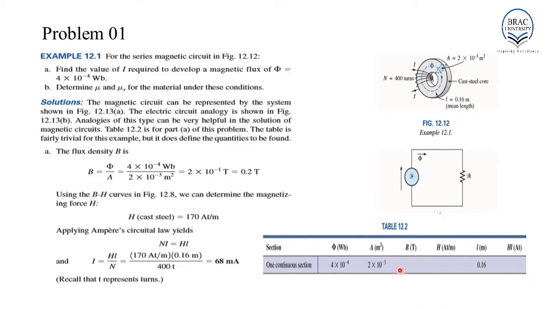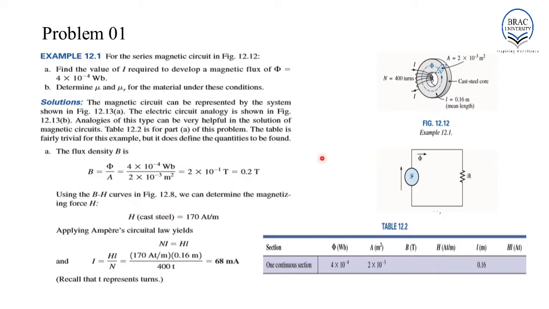So, at first, we can determine the flux density B using the formula phi by A, which will be equal to 0.2 Tesla. Now, we can determine H. In order to determine H, we will need the BH curve, which we have seen in the previous slides.